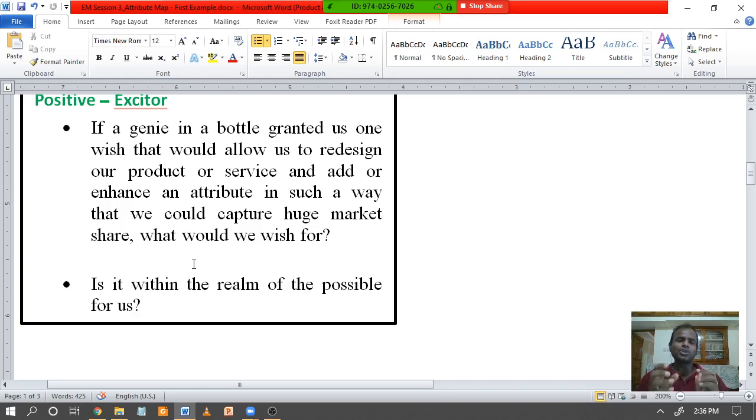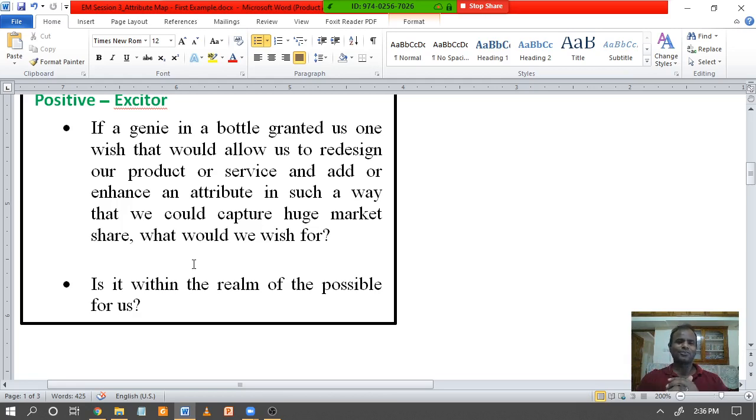You are launching a new toothpaste tomorrow. And if this toothpaste should capture a huge market, what would be that one attribute that you would add or maybe remove, or enhance, by which you will capture a huge market?